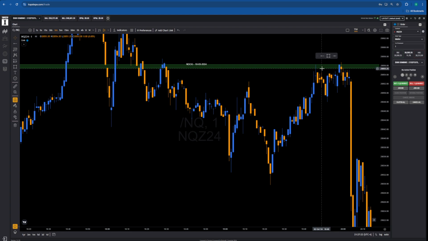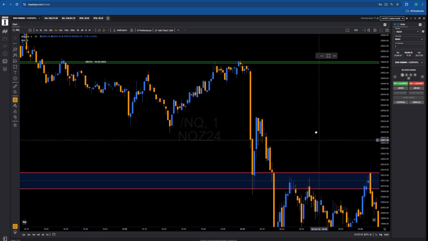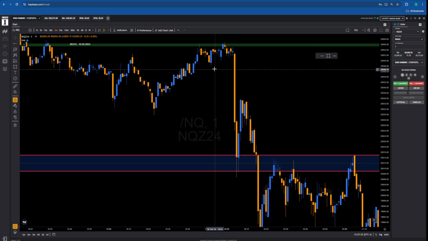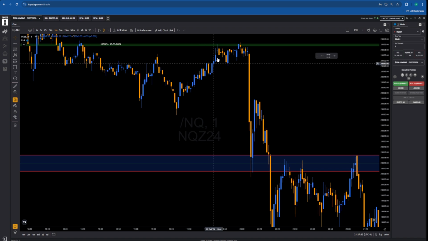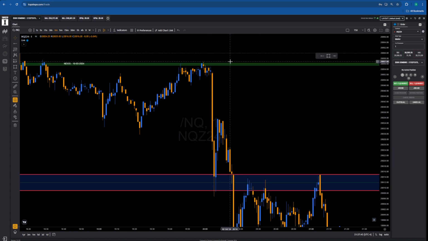So if you see, quite a number of reactions, and some of them are huge reactions. It's pretty surprising that such a massive reaction came just around that point. If I didn't have this on my chart, I would not see these moves happening, right?